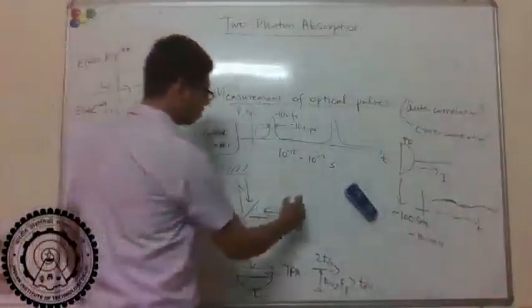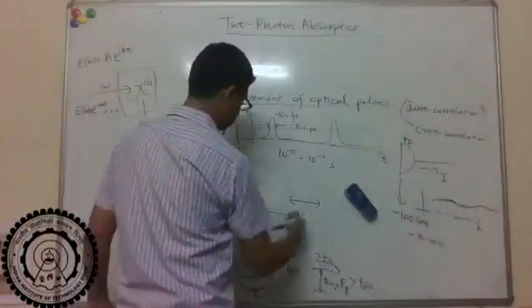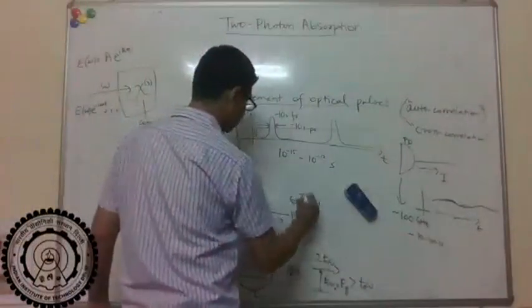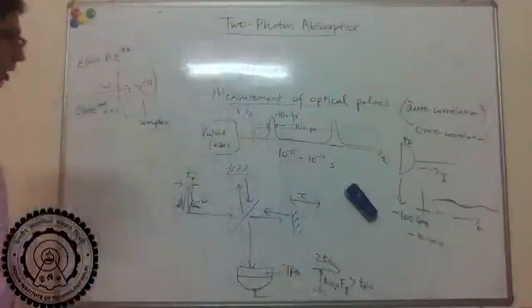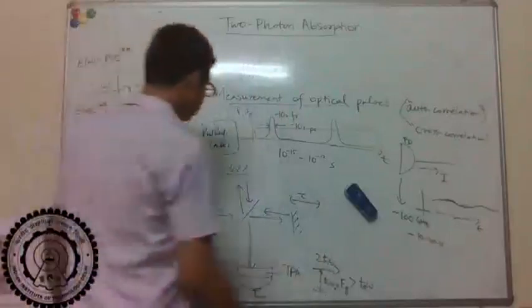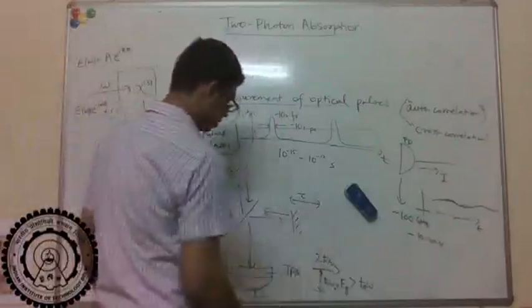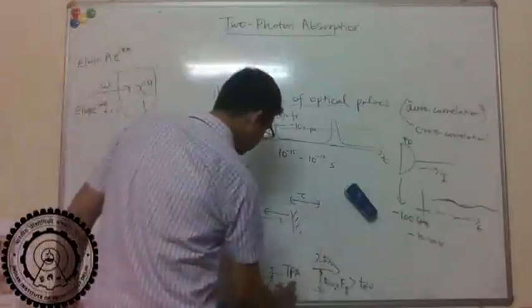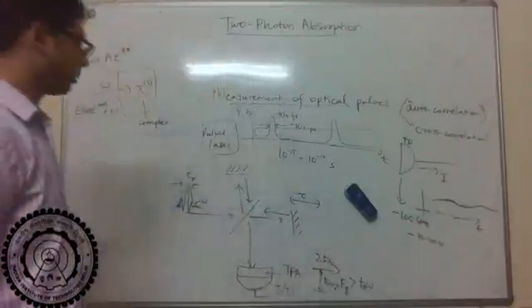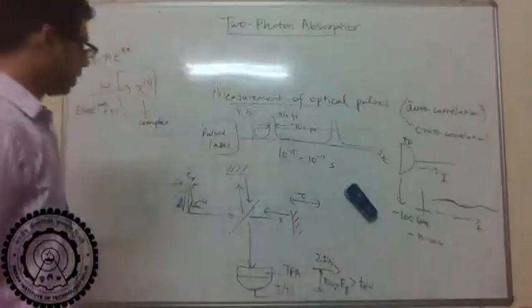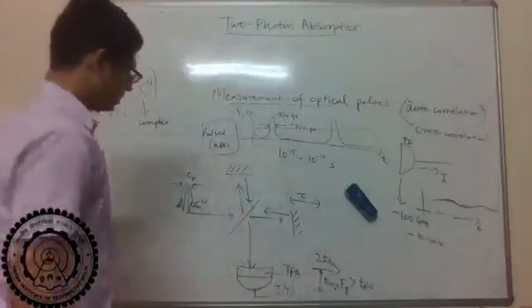Then you have one of these on a movable arm, and you have some delay on one of the arms. What you do is vary the delay and measure the current out of your photodetector as a function of delay.